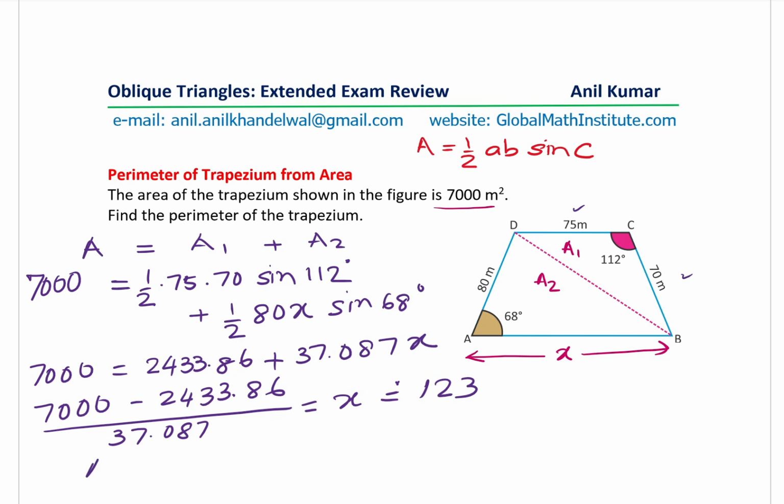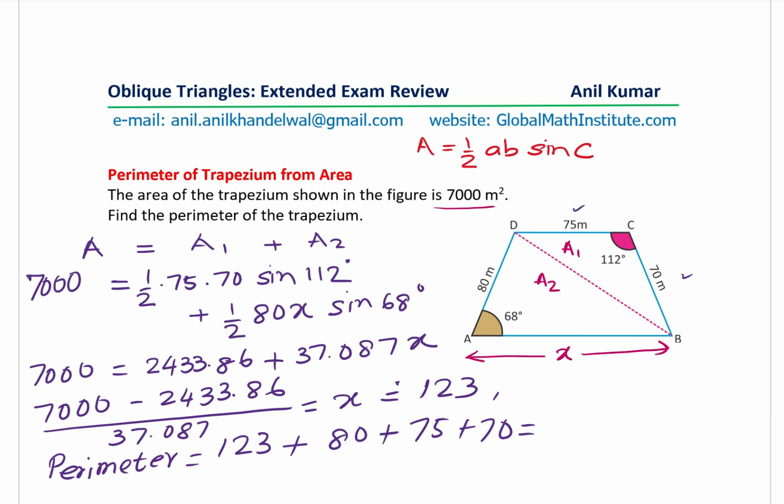So we have our answer: AB is equal to x, which is 123. Now we need to find the perimeter. So let's add them up. The perimeter is equal to the sum of all the sides. So we'll have 123 plus 80 plus 75 plus 70.